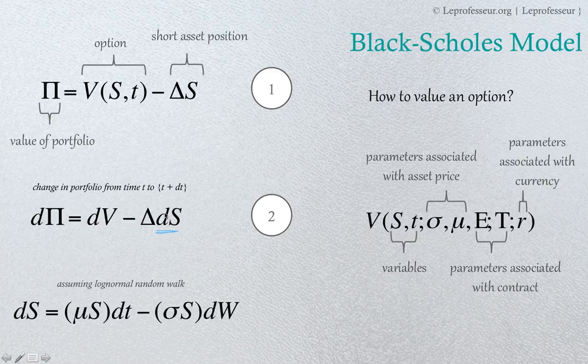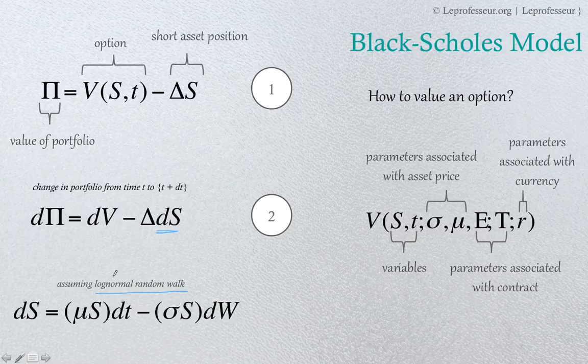Now, assume that we are following a random walk. It is said many times in finance that stock prices follow a random walk. What it means is that there is a random process, a linear process, or Brownian motion process, which follows a Brownian motion.